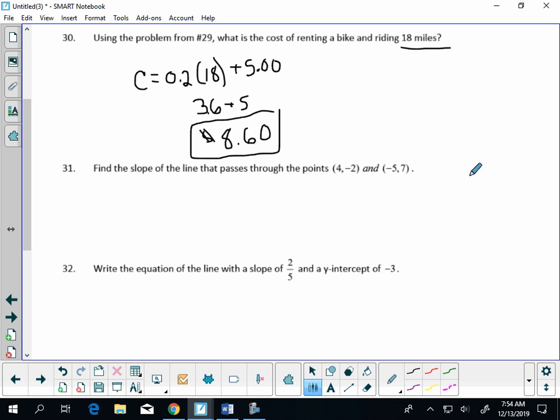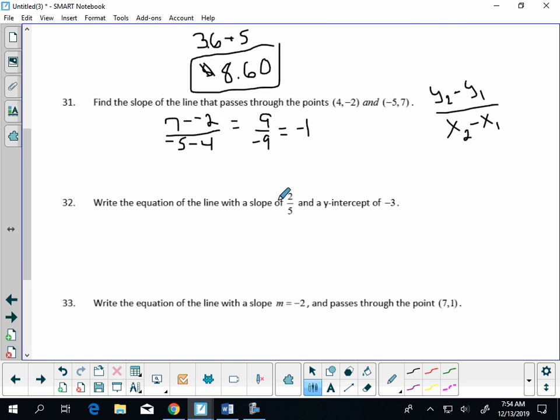Find the slope. Well, slope is the difference of your y's over the difference of your x's. So in this case, 7 minus -2 over -5 minus 4. It's going to give me +9 over -9, which is -1.